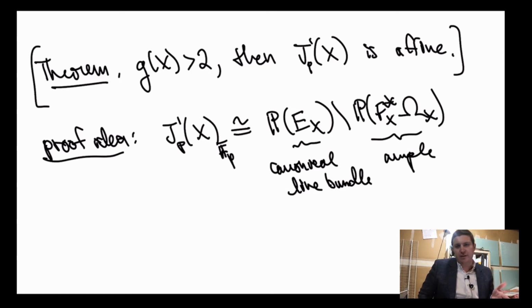Once you have a torsor under a line bundle or a vector bundle, you get an Ext class, because H1 of X in the vector bundle is the same thing as Ext of O_X into the vector bundle, and then that gives you some extension.